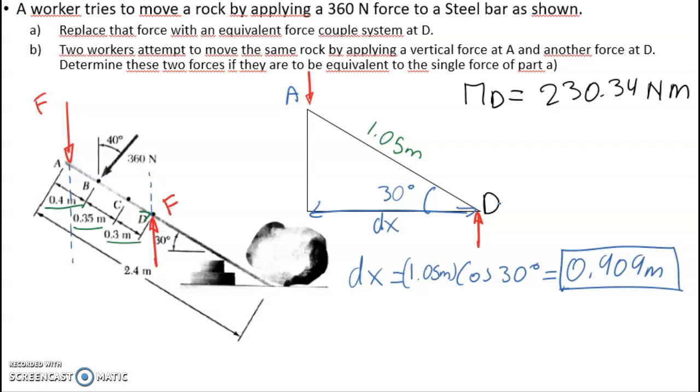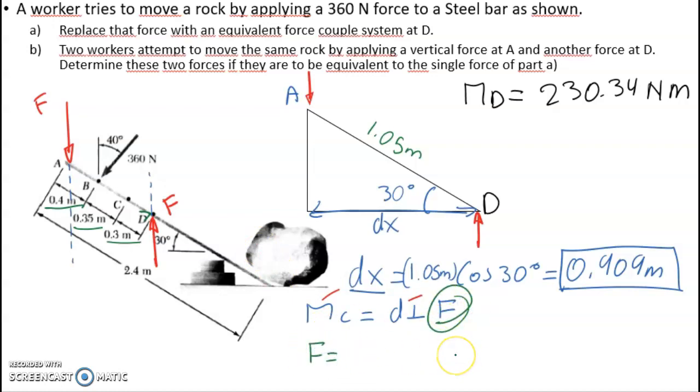If that's the case, we know that the moment of this couple is going to be equal to the perpendicular distance, in this case dx, times the forces. Since we know the moment and we know the perpendicular distance, we solve for the force.